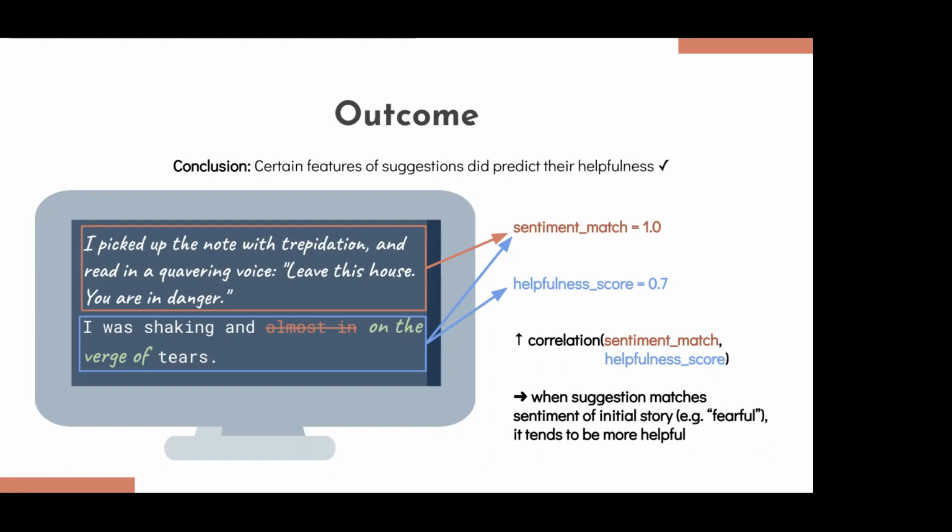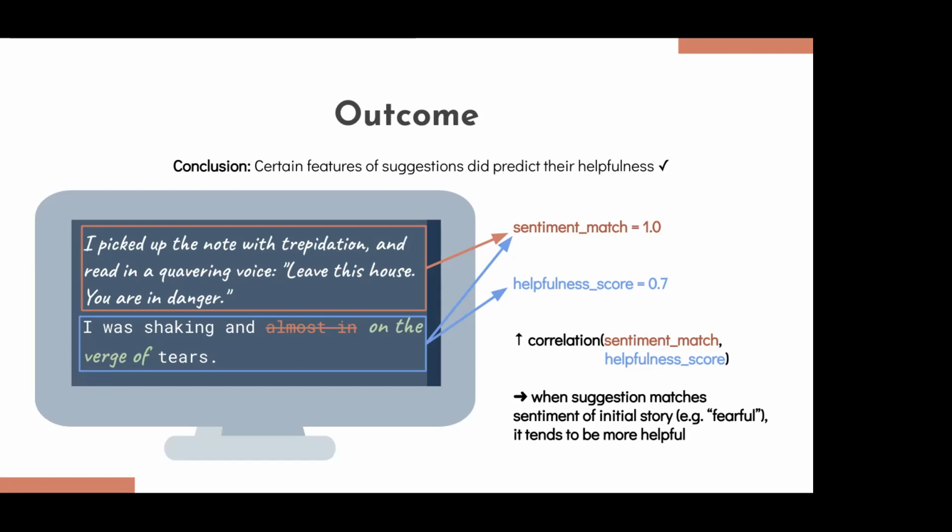We found that, for example, in this case, there's a strong relation between these two sentiment values. The initial story had a high predicted sentiment for fear, and so did the suggestion.